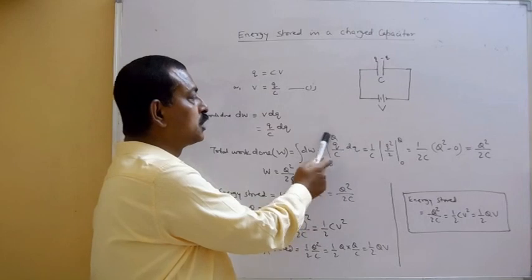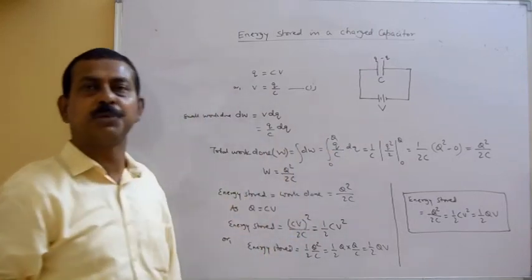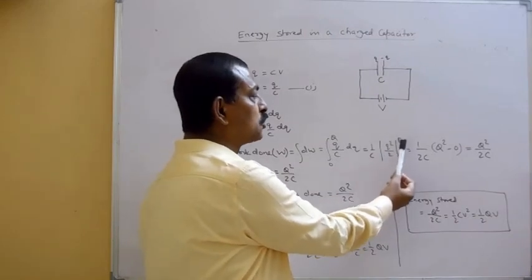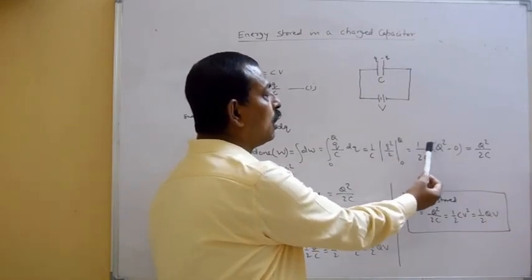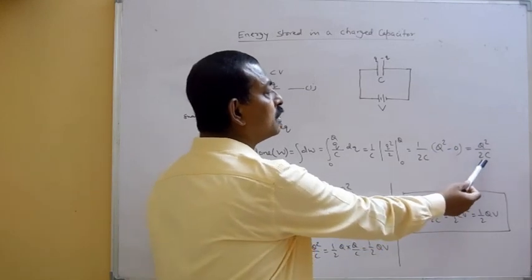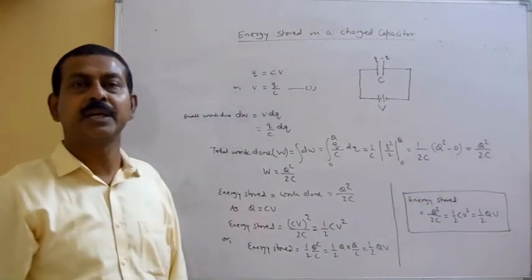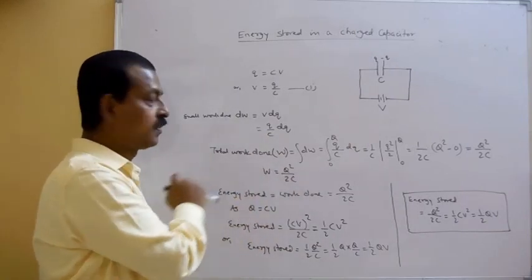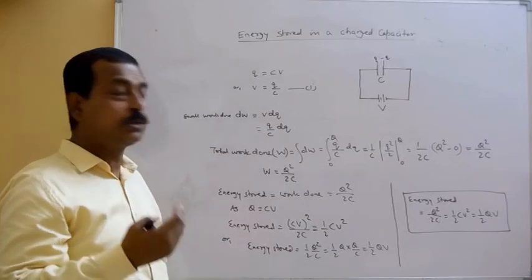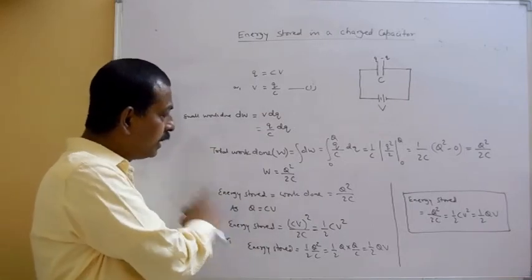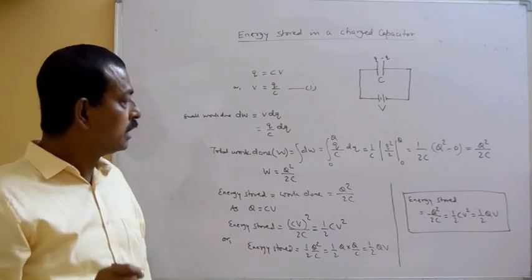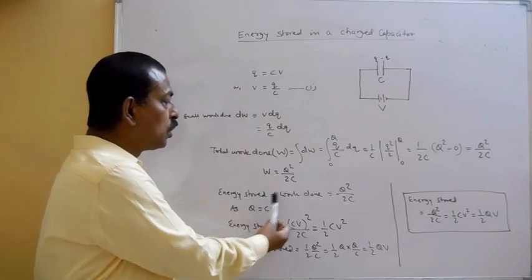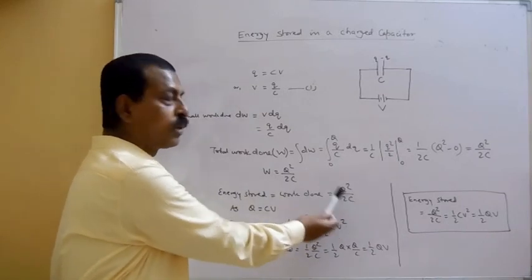So it is the integral of Q by C dQ, with integration from 0 to capital Q. So it is 1 by C times Q square by 2, evaluated from 0 to Q, or it is half Q square by C. This is the expression for work done, Q square by 2C. Now, you know that energy stored in a system is equal to the work done on the system. So energy stored will equal work done, which is Q square by 2C.